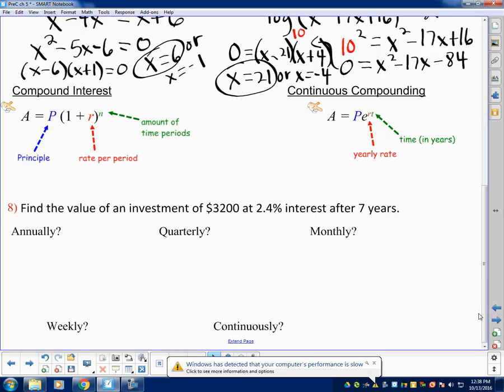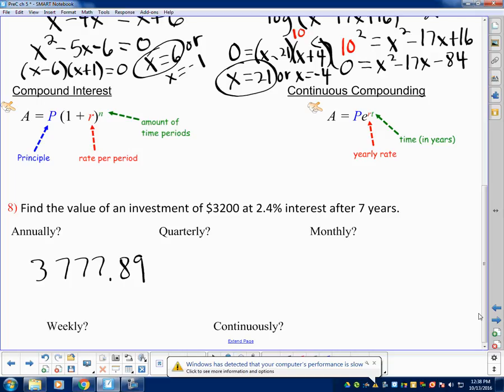For example, if in this problem, just jot this down. We're not going to do this whole problem because you've already done this before multiple times. But if you compound the interest just annually, one time a year for 7 years, you end up with $3,777.89.